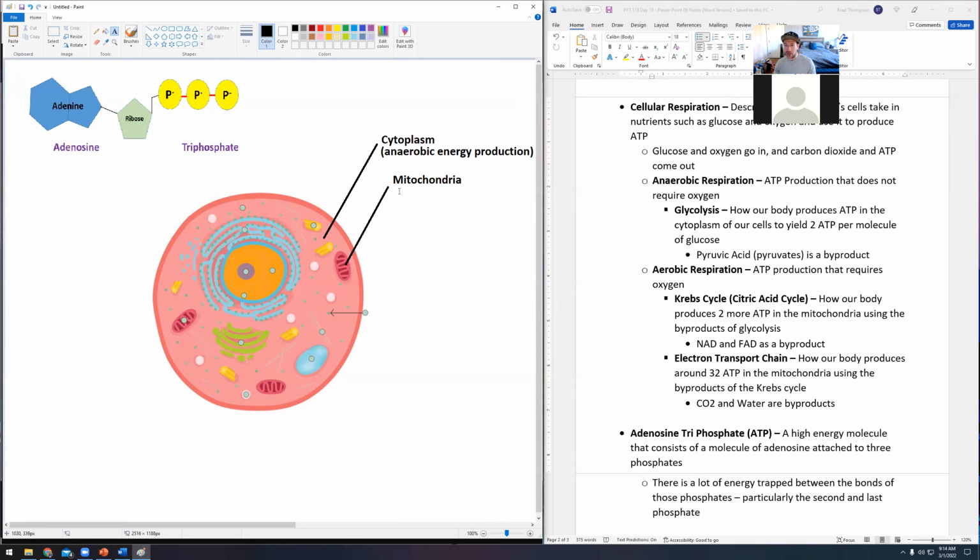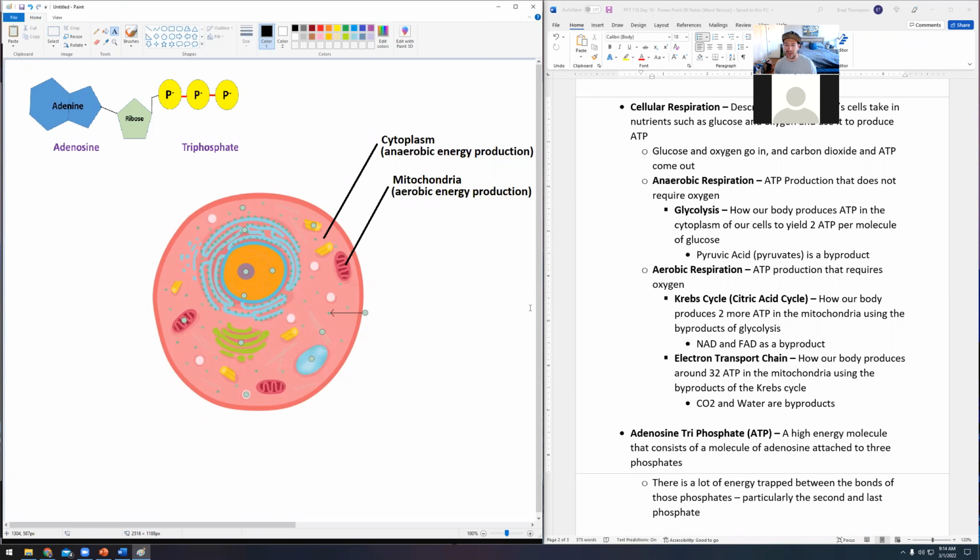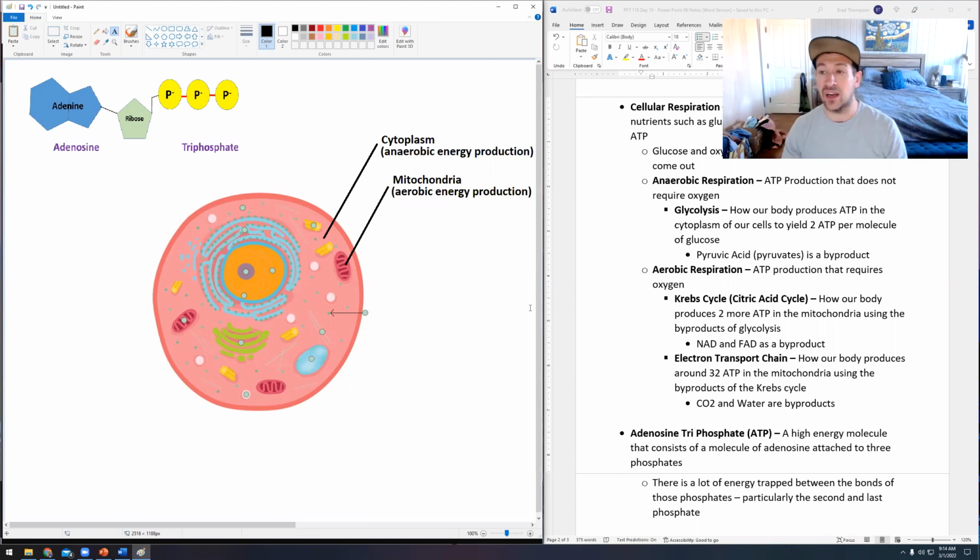I can't breathe underwater, right? That's the very fluid-based place. And then we have our mitochondria. This is our aerobic energy production. That's where the oxygen side of things comes in. You can think of your mitochondria as almost like a little air pocket, right? They've got a little bit of oxygen delivery coming to this little guy right here.